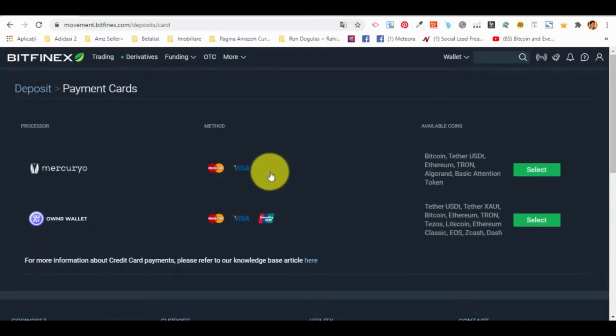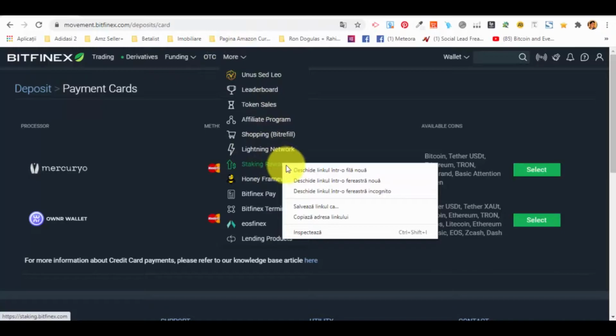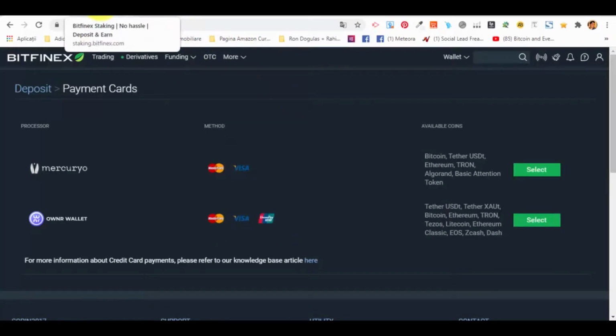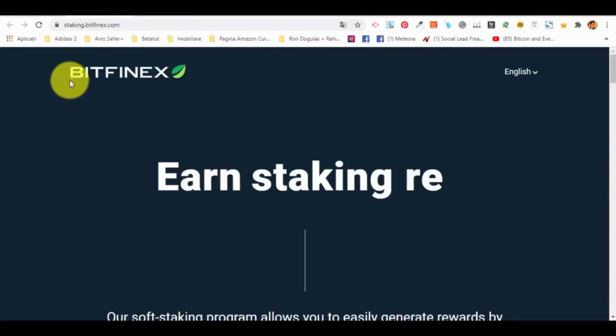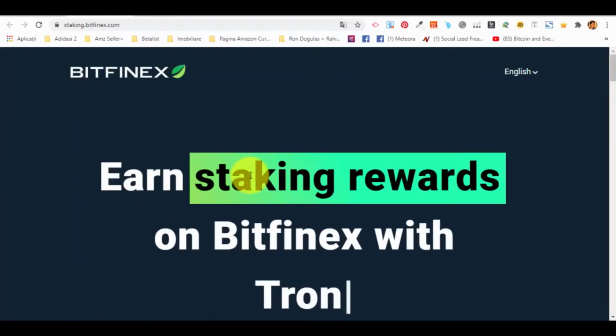Now after you have some money in your wallet, what you can do is go in the more section and into staking rewards and check out what staking offers they have at the moment. We have opened a new window. We are not going to go into a lot of details about what staking means.